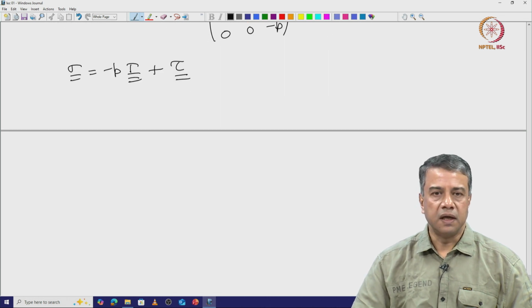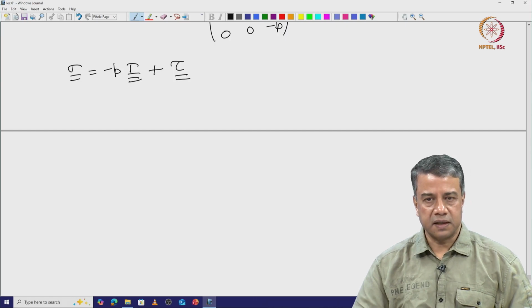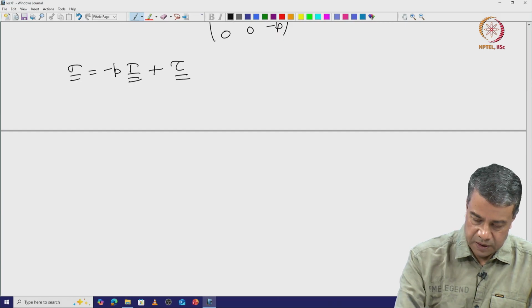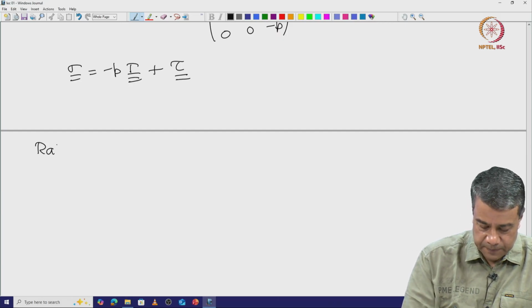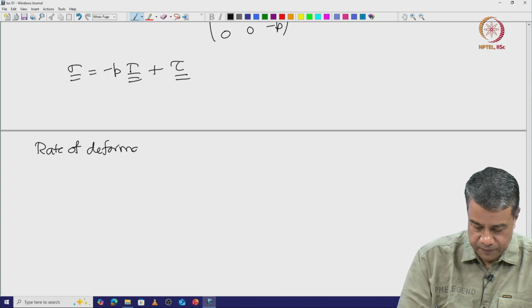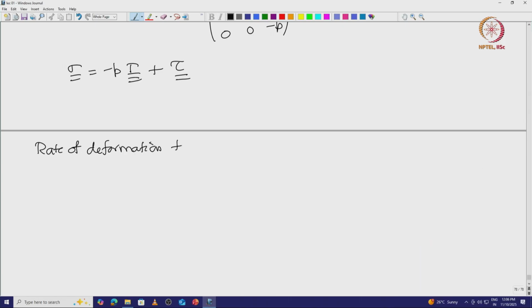Newton's law states that the stress is proportional to the gradient in the velocity. So, the rate of deformation tensor is the gradient of the velocity.